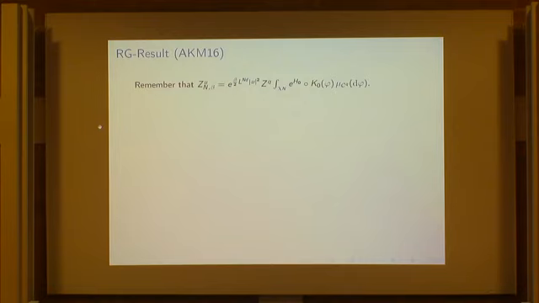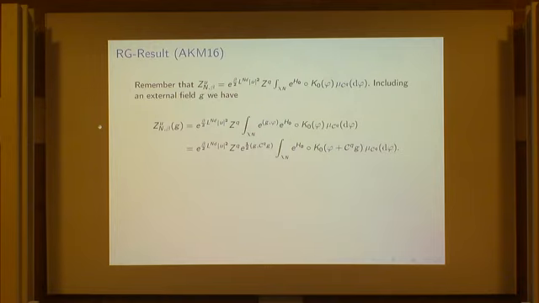And additionally we include an external field G now, to write down the generating function. So I really just put in this exponential part here, and this can be computed to just be this exponential to 1/2 G CQG, and then we have the flow which we understood, but just evaluated at an additional external field.